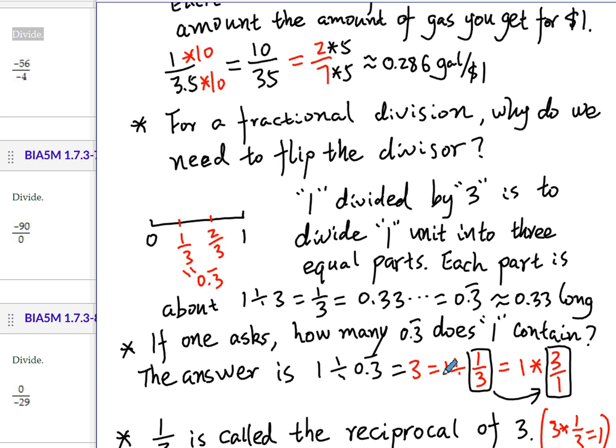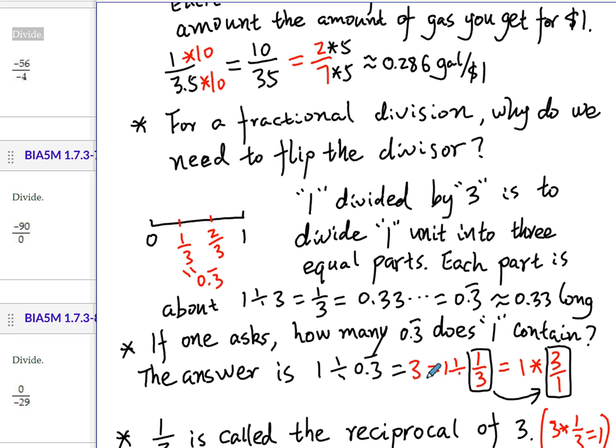So basically, when you use 1 divided by 1/3, you flip the divisor from 1/3 to 3/1. That would be the answer, which is 3. So in 1 unit, it contains 3 1/3.